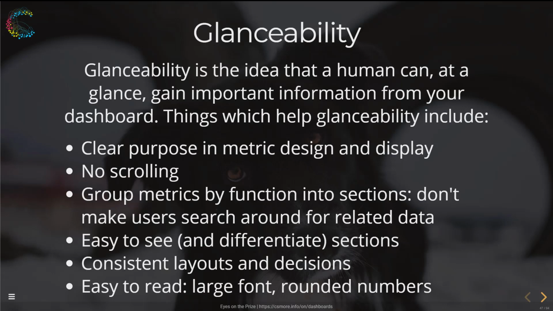We want consistent layouts. If I see the color blue means yes, I want to keep blue as yes across the board. If I see that I have this bar chart of people, if I see a similar bar chart of people, I should be able to make assumptions that it's maybe the same group of people or a similar group of people, or at least even if it's different people, we're doing something that's about the same.